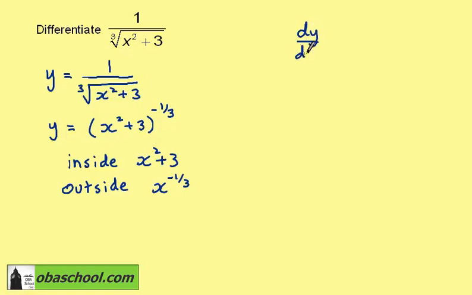So differentiating, we get minus 1/3 times the bracket to the power minus 4/3. We times by the differential of the inside function, which is 2x.